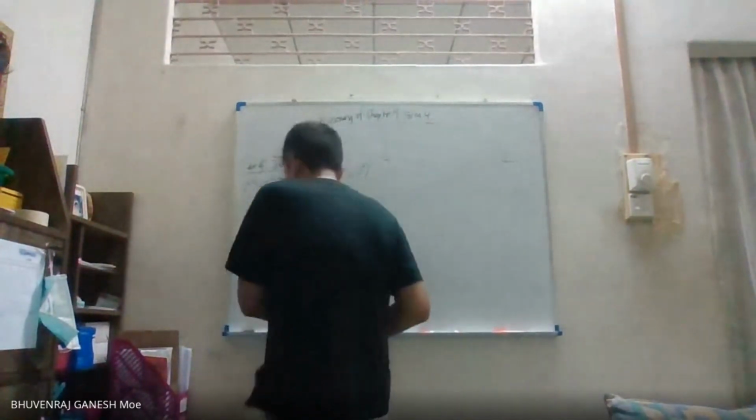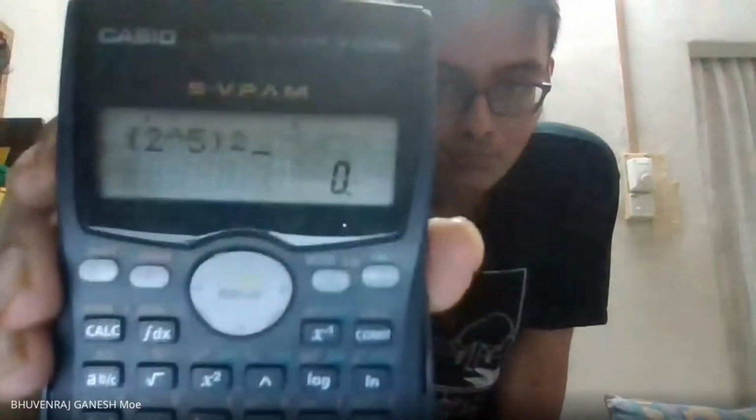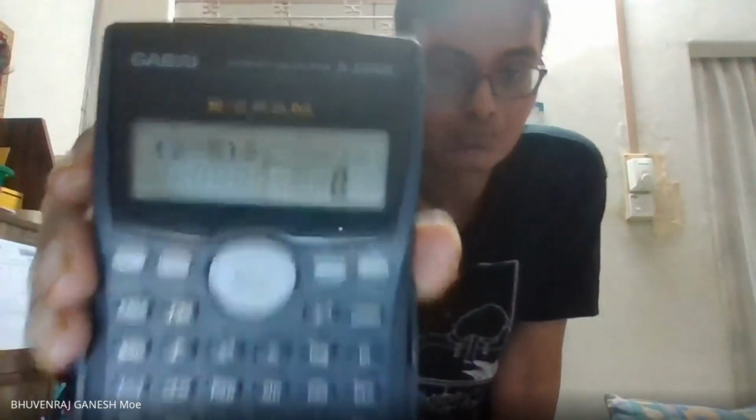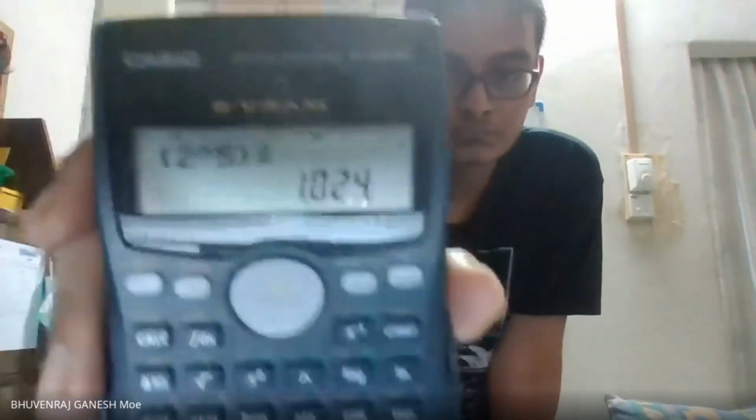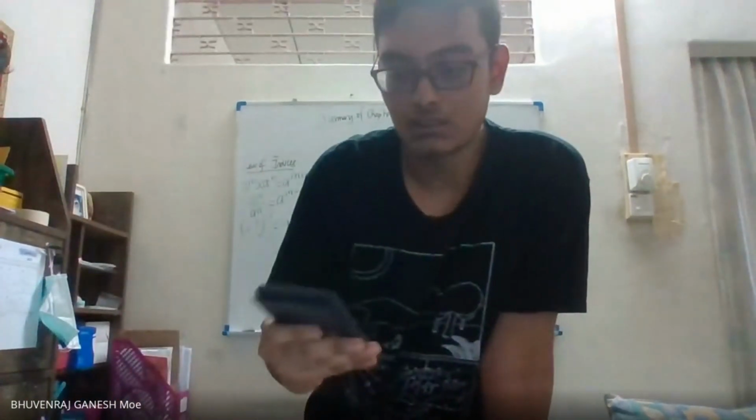So we try the calculator. You also do together so that you get used to it. So this is the example, right? 2 power 5 and then square the whole thing. You will get 1024. All right, 1024, correct. So now I try 2 power 10.